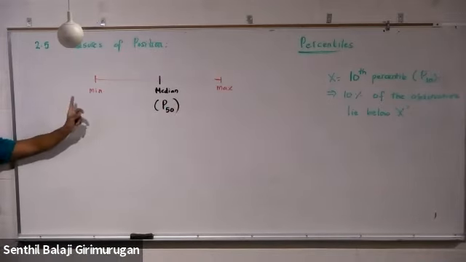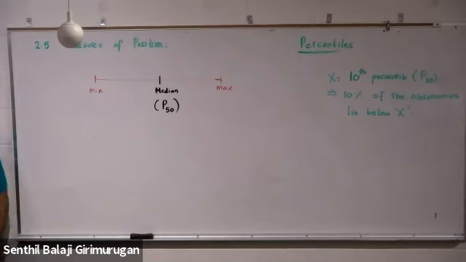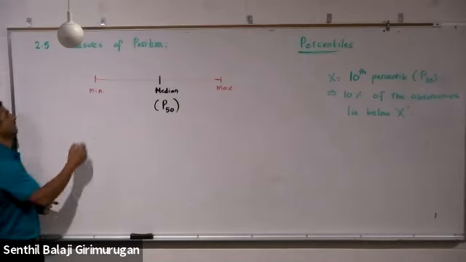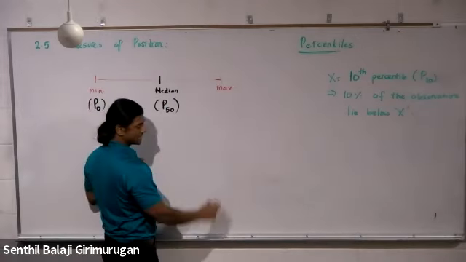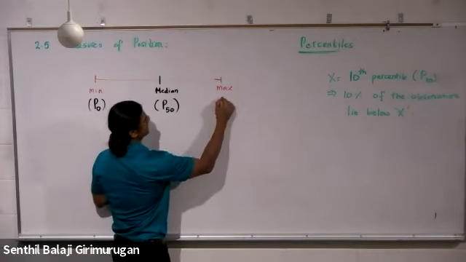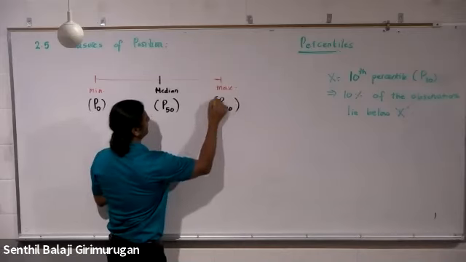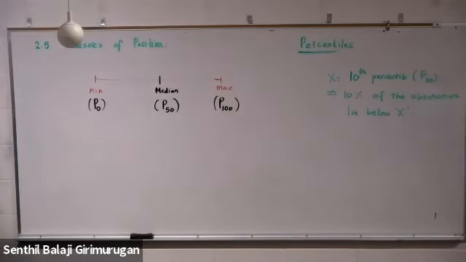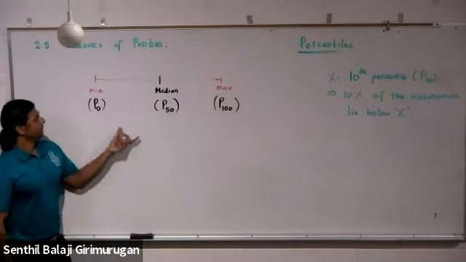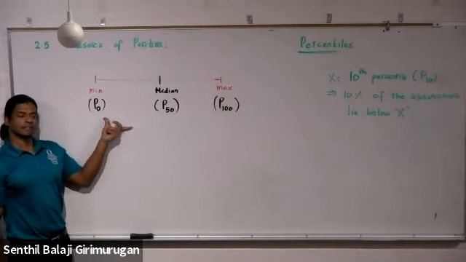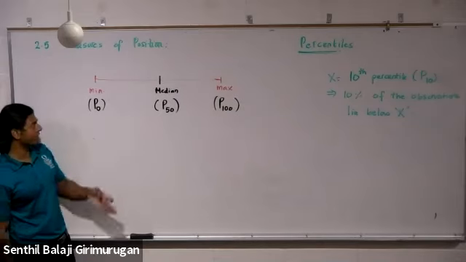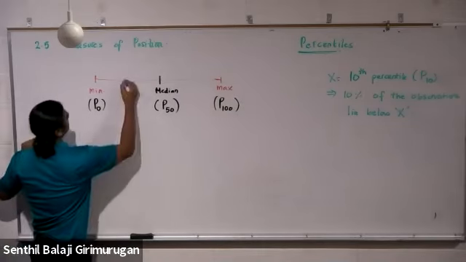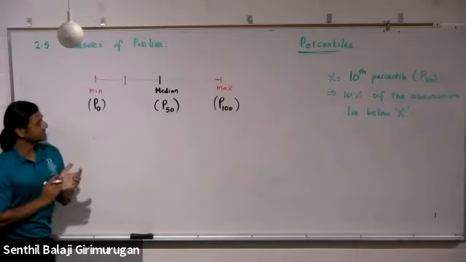What about the minimum? 0. What about the maximum? 100. If I split this lower half of data exactly right in the middle, hopefully, 25.